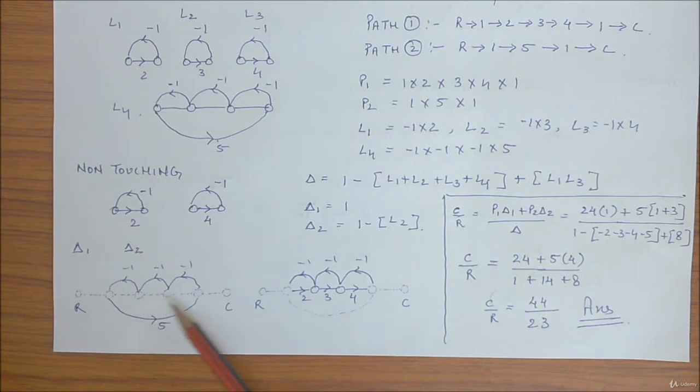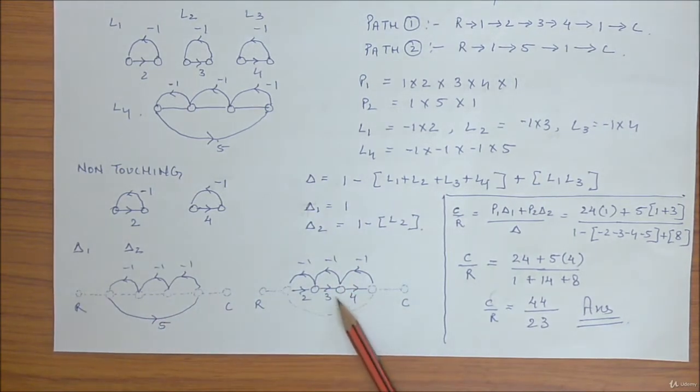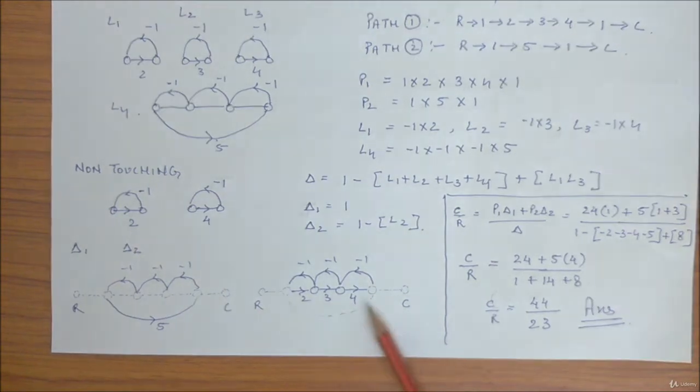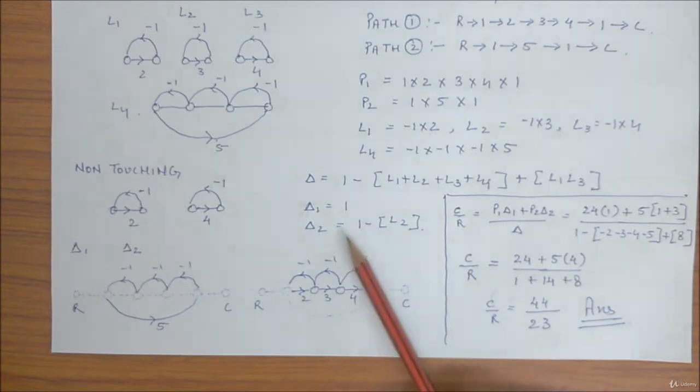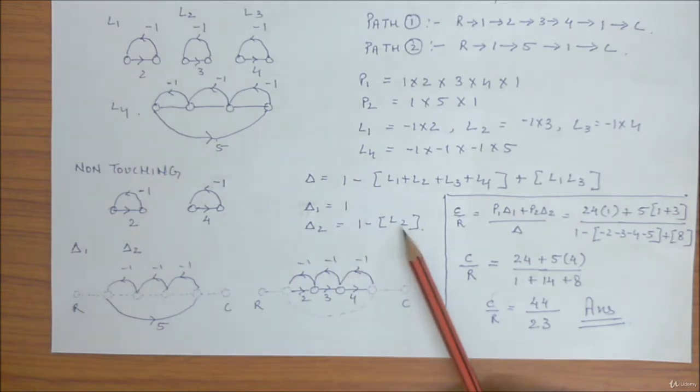You can see in either of them there is one loop possible in this one and there is no loop possible in this. You can see 3 minus 1, this is L2, this is there when I remove path 2. If I remove path 1, no loops are there. That is why we will have delta 1 equal to 1 minus L2, delta 2 is equal to 1.